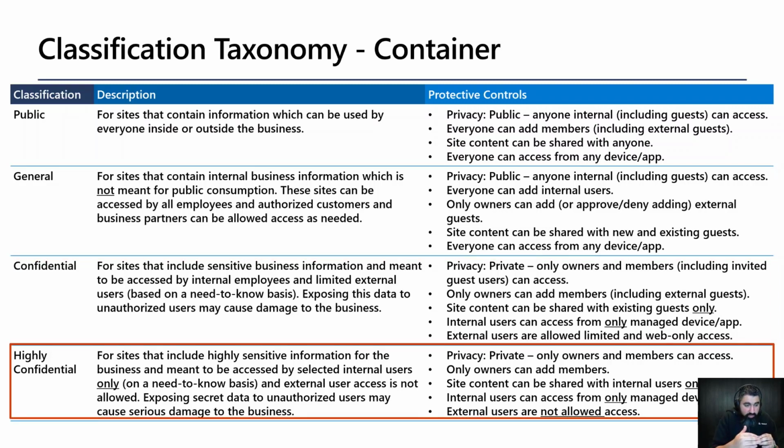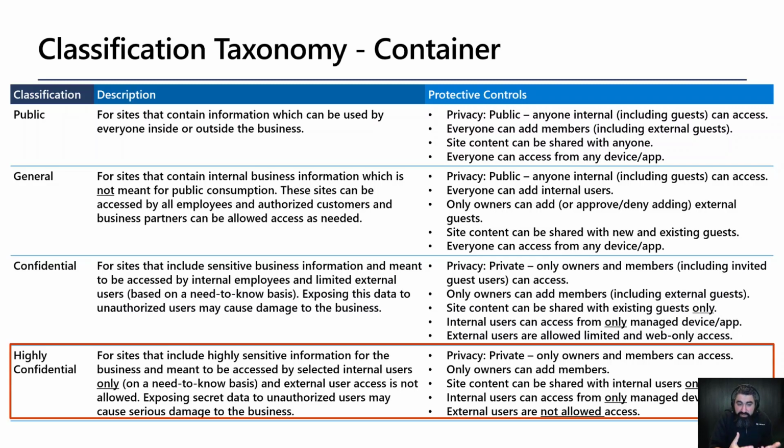The fourth and last category of sites or containers is the highly confidential ones, which includes all the highly confidential data. Again, it's a private site. Only owners can add members this time. So even if you're a member, you cannot add anyone, even if they are an internal user, not only external. As we said before, internal users also cannot be added by other internal users.